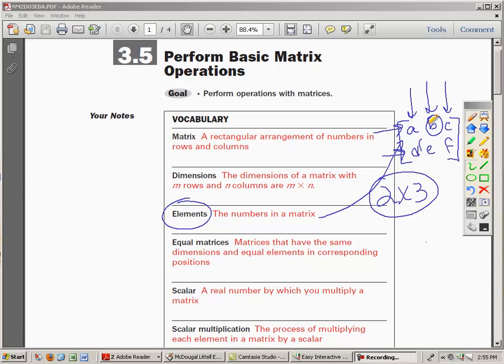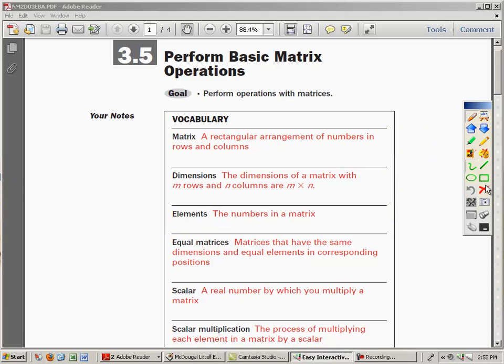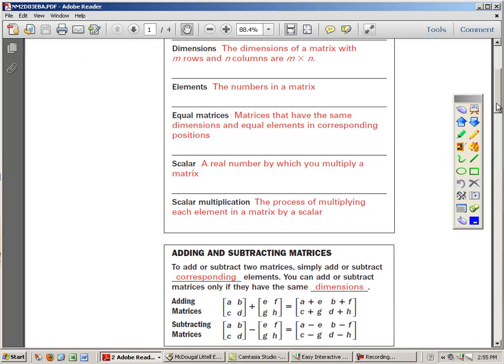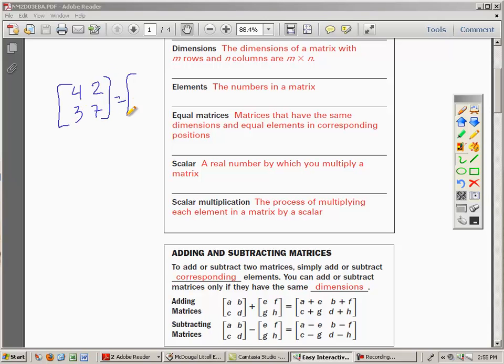Now, equal matrices are those matrices that are, as you can imagine, equal. They have the exact same dimensions, and they have the same elements in corresponding positions. So, for example, the matrix 4, 2, 3, and 7 is equal to the matrix 4, 2, 3, and 7. No other matrix is equal to that one.